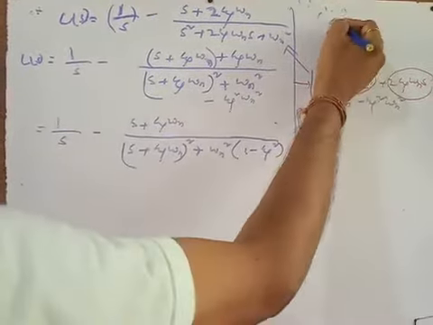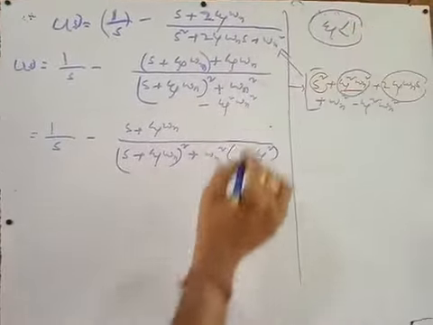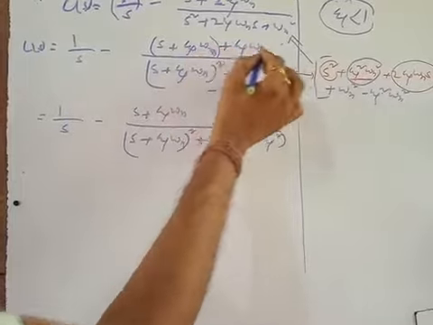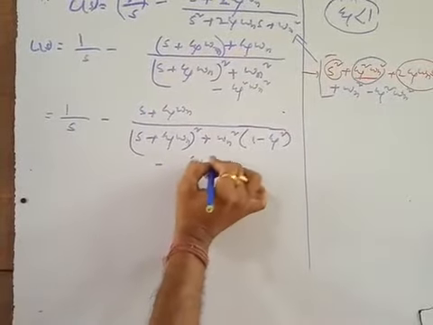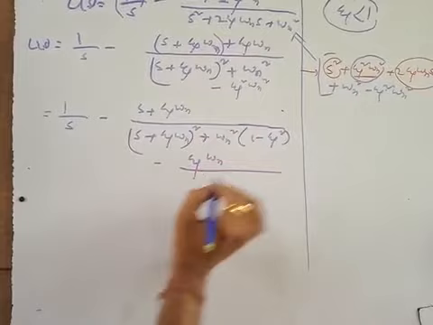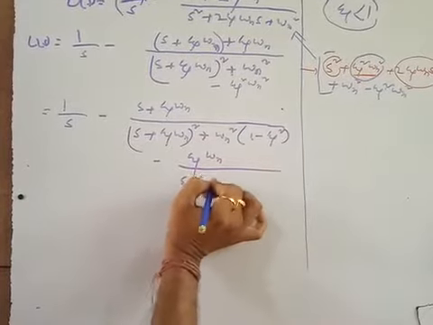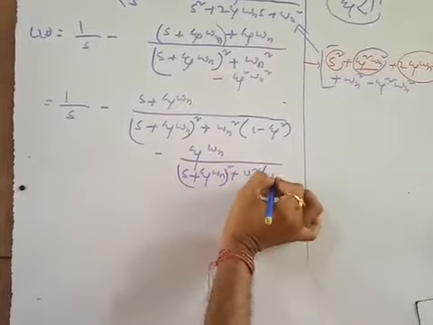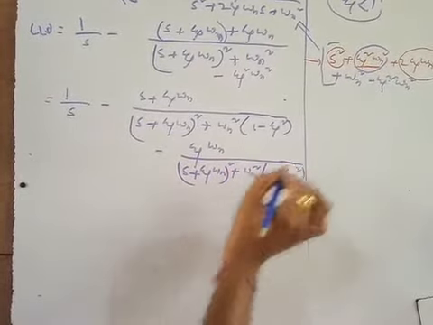So xi is considered to be less than 1, so we can write it like this, right? And what else? Plus xi omega n, so this will be minus xi omega n by s plus xi omega n whole square plus omega n square into 1 minus xi square.